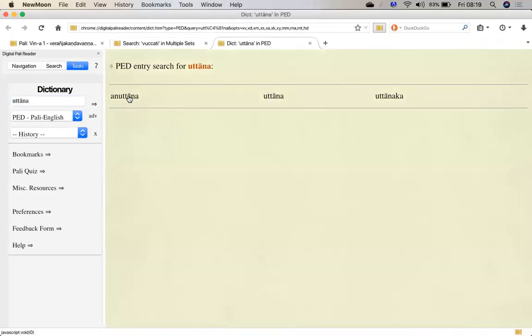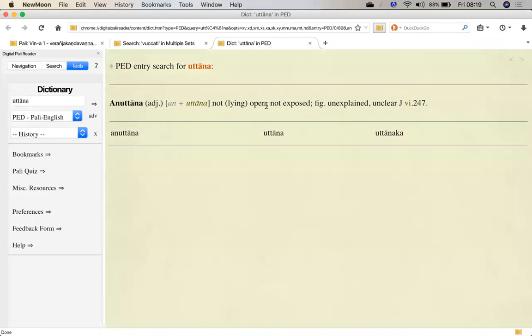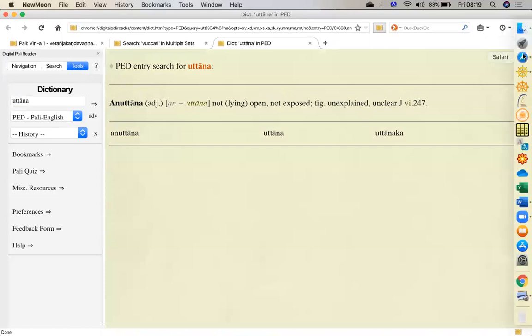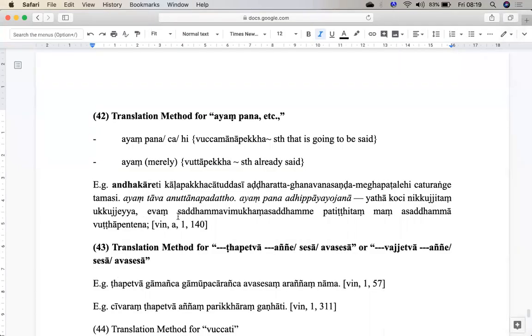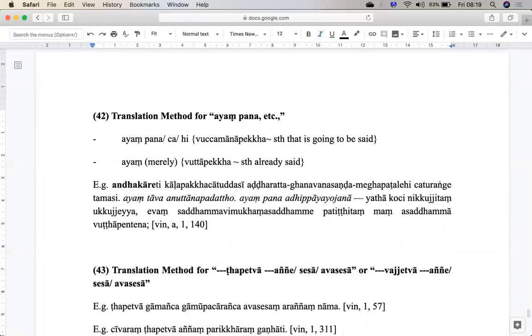Odana here, not open, not exposed, unexplained word. Here, unexplained. So this is the meaning of unexplained word. So this Ayan refers to the former idea. Okay, so here.